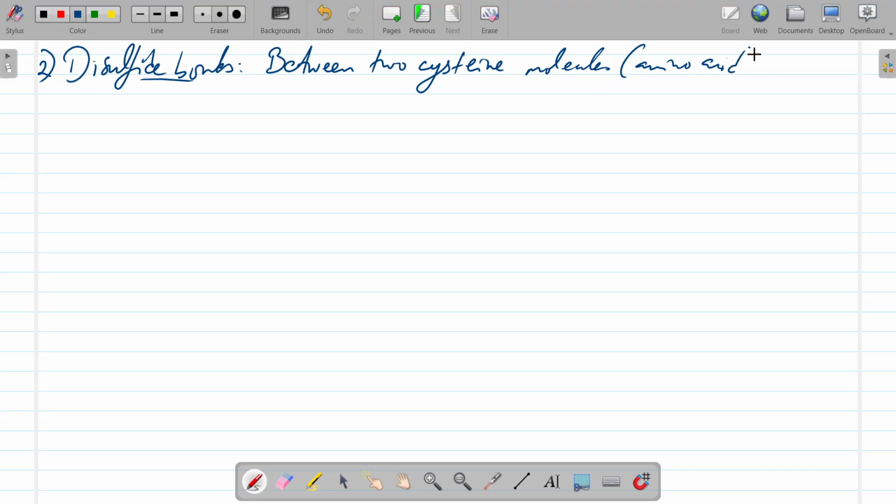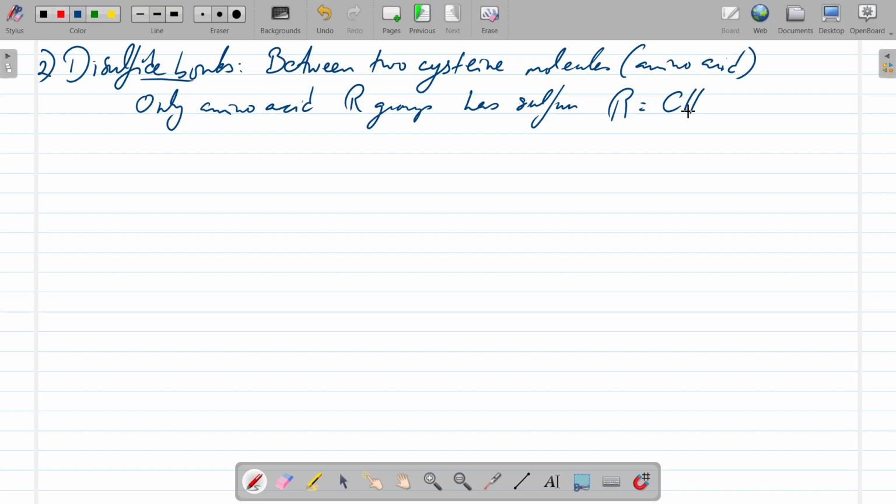And so we are being particular over here that it has to be cysteine, and that's because it's the only amino acid whose R group has sulfur in it. And so what they have is, right, the R group is CH2SH.